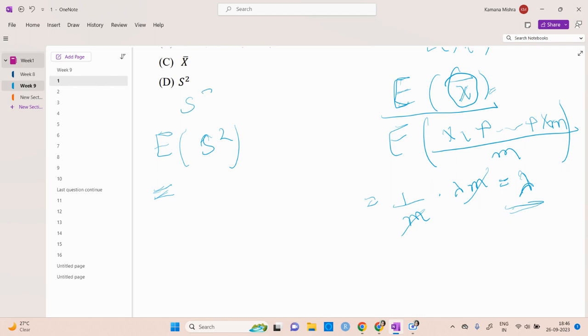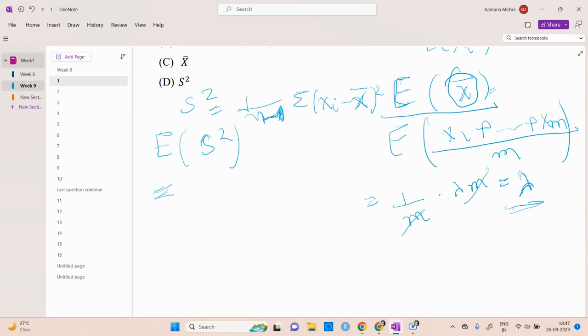S square is the sample variance. How do we define this? It is 1 upon n minus 1, summation of xi minus x bar whole square.